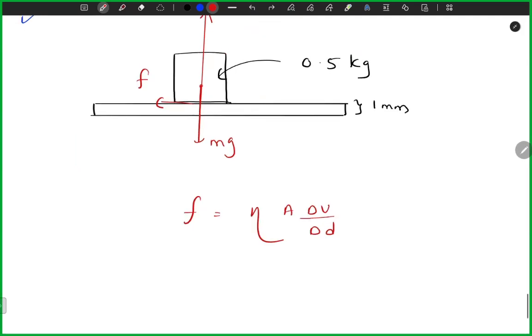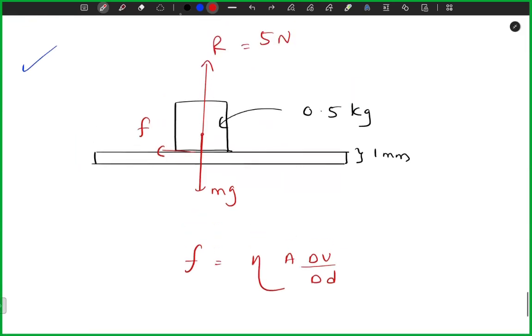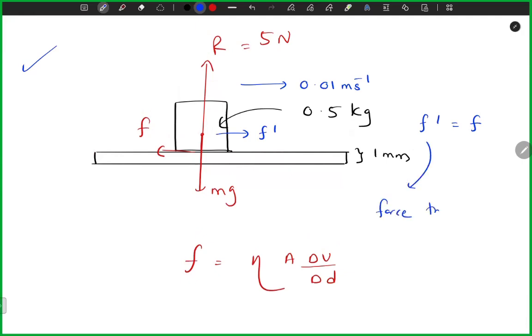So that means we need to know the viscous force. How do we know the viscous force? They have said to maintain a constant velocity of 0.01 meters per second. That means the forward force that we apply, F dash, has to become equal to the backward viscous force.